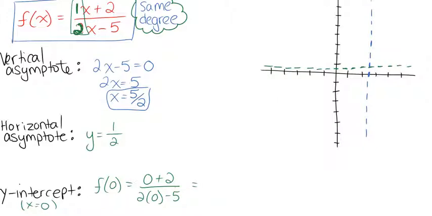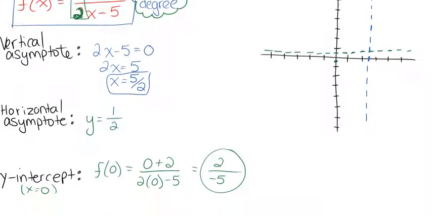If we solve that, 0 plus 2 is 2, and 2 times 0 minus 5 is negative 5. So our y-intercept is equal to 2 over negative 5, which is some small number, 0.4 below zero but bigger than negative 1. I'm just going to plot that on here.